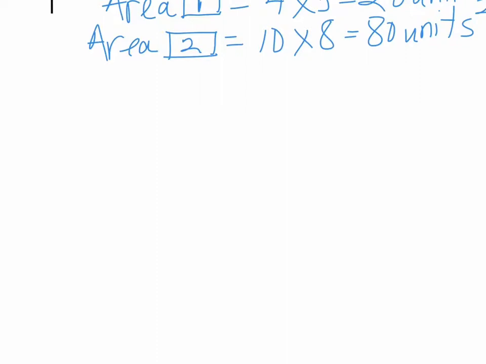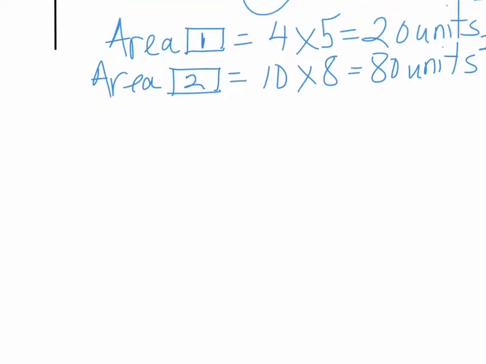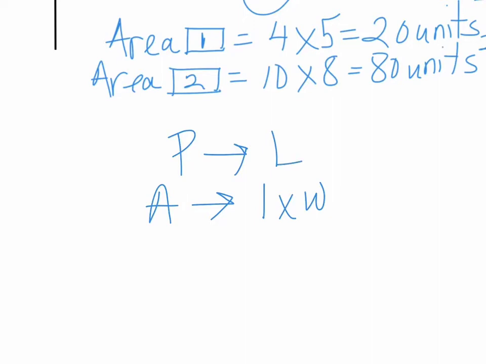Just as a quick review, remember to get perimeter, we had one dimension, the length of the sides. Area, you have two dimensions, the length and the width. Length for perimeter around the edge, length times width for the area.